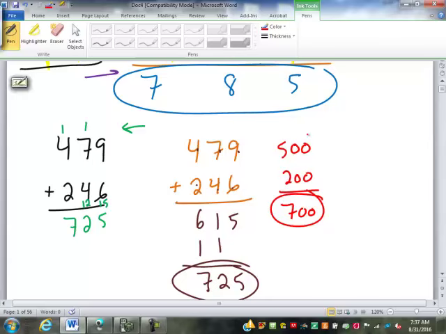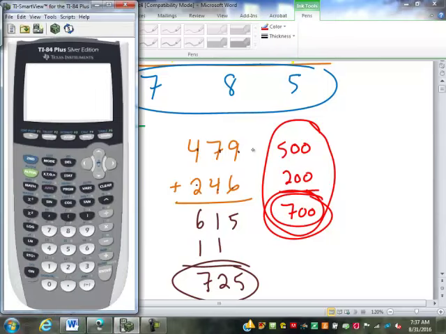And the reason it's important to me that I estimate this, at least before I punch it in the calculator, is that I have these fat fingers pushing the buttons on the calculator, and I sometimes run into problems. For example, doing 479 plus 246, it wouldn't be uncommon for me to have something like this happen.